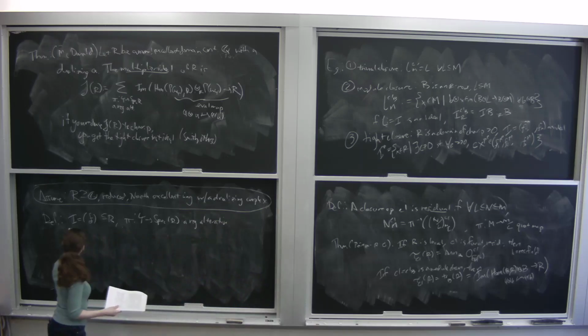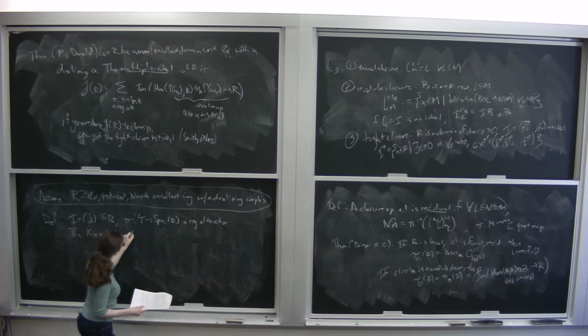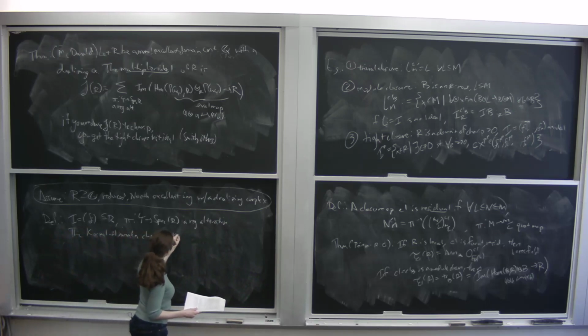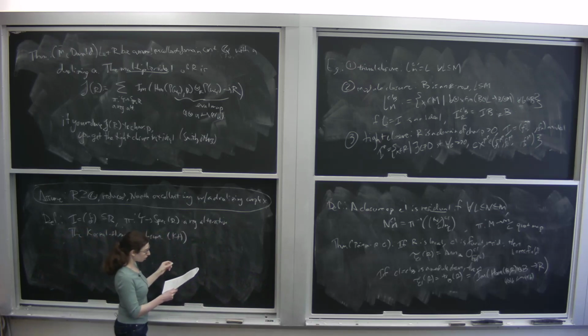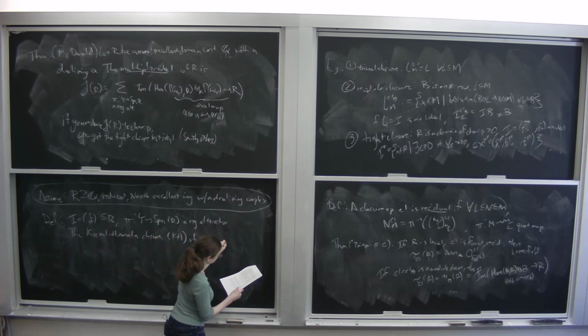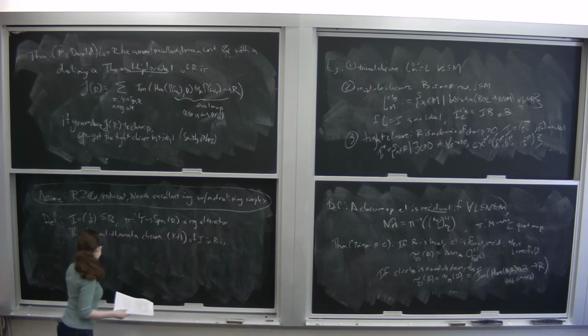So we're going to define what we're calling the Koszul-Hironaka closure, which we're going to call KH of I inside R. It's the following.